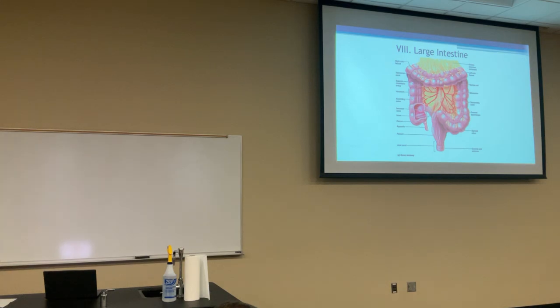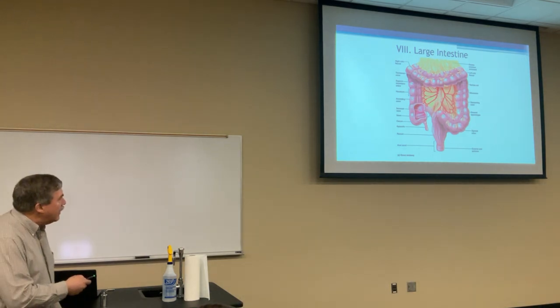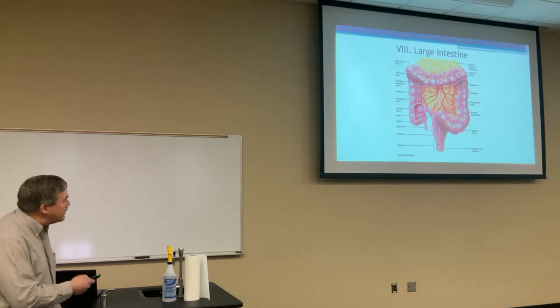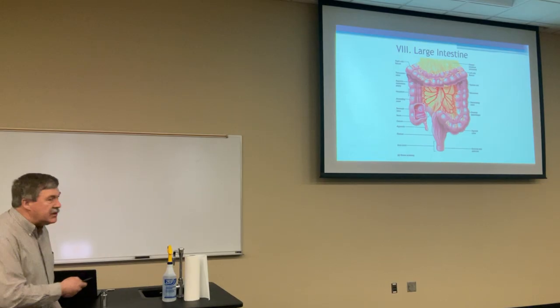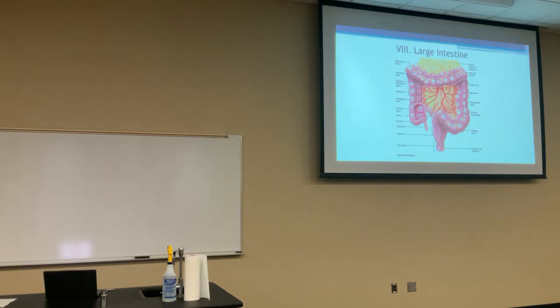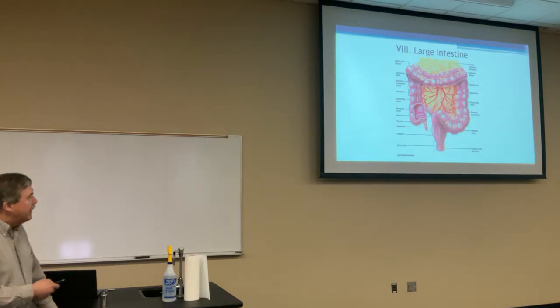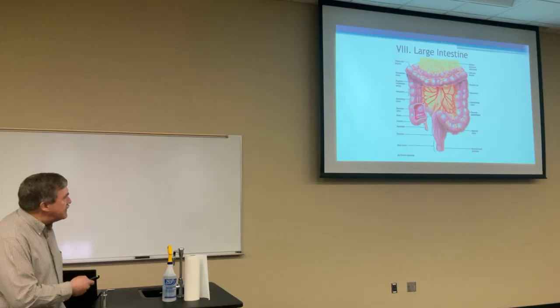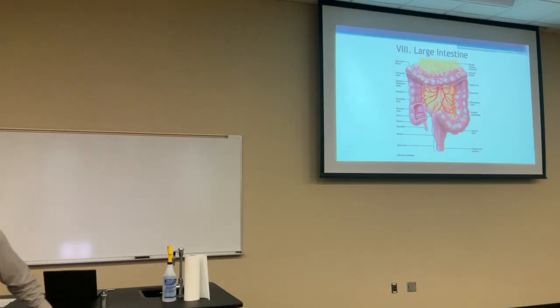It's just really kind of a flap of tissue, and that helps to control the movement of the food from the small intestine into the large intestine. And then right at the very beginning of the large intestine, there's kind of a little pouch-like area. It's a blind sac. That blind sac is called a cecum, and attached to the cecum is the appendix.